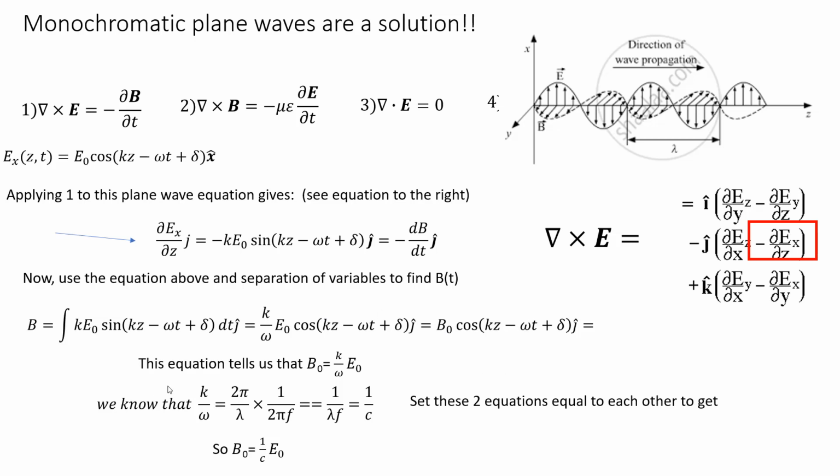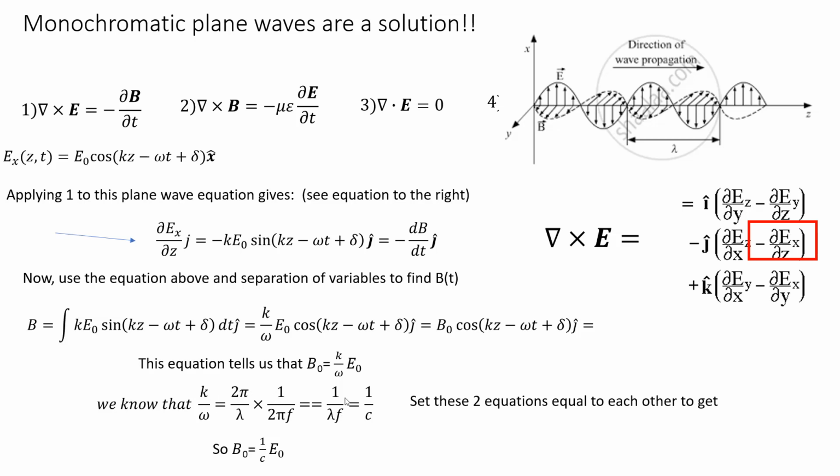The next thing I'm going to do is get a simplified expression for k over omega. I know that k is equal to 2 pi over lambda. It's already been discussed. I also know omega is equal to 2 pi times the frequency. So these 2 pi's cancel and I end up with this expression here, 1 over lambda times f. Lambda times f is the speed of the wave.